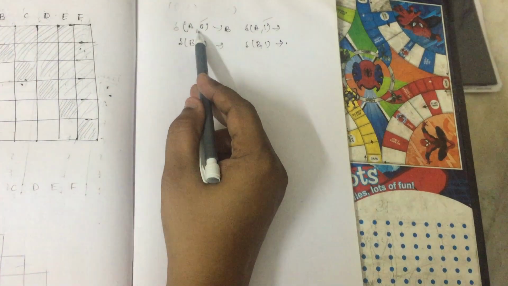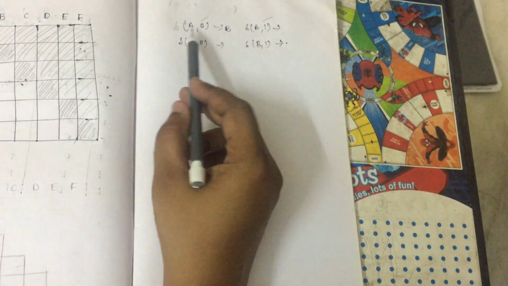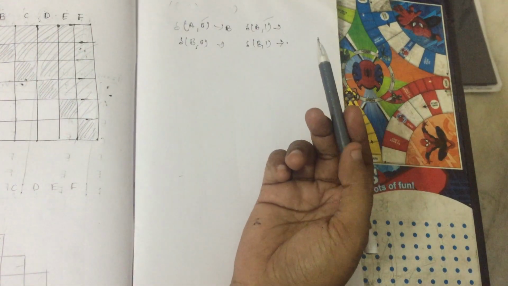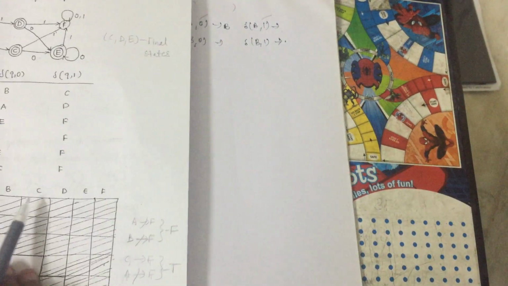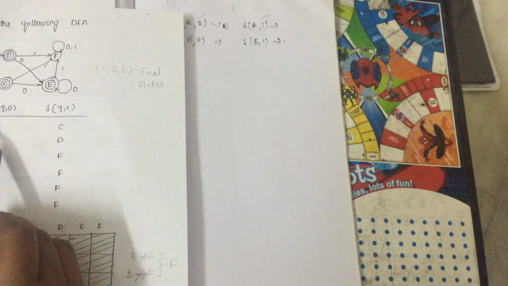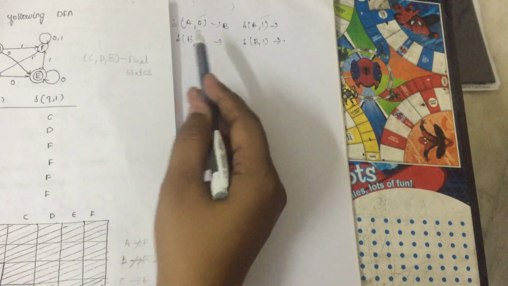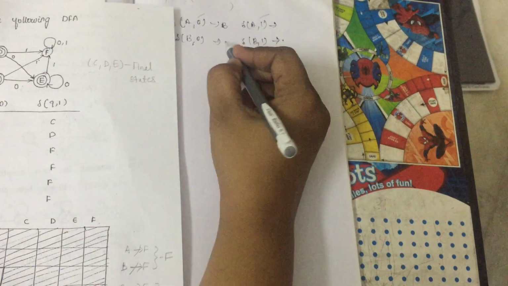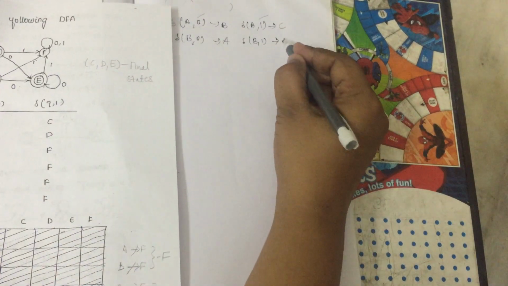Delta of A comma 0, we get B. We have to look into the transition table or the diagram. In the diagram or transition table, delta of A comma 0, the answer is B. Delta of B comma 0, the answer is A. Delta of A comma 1, the answer is C. Delta of B comma 1, the answer is D.